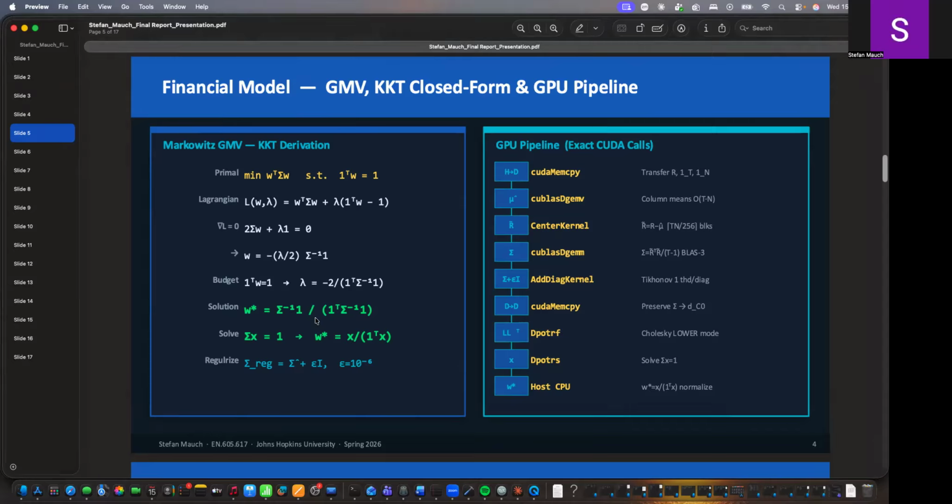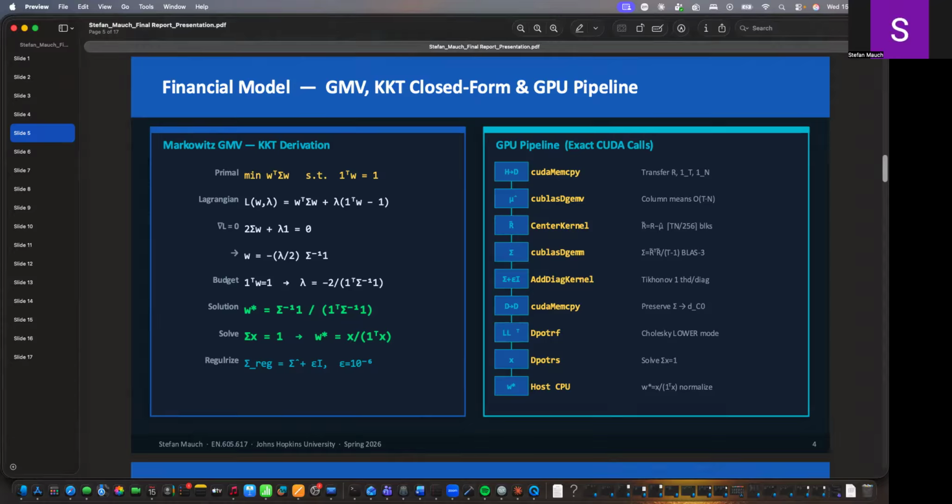Another critical design decision is to never invert the covariance matrix directly. Instead, I've chosen Cholesky factorization, because it decomposes a symmetric positive definite matrix and just transposes it back. This is more computationally efficient and more stable, from my research.